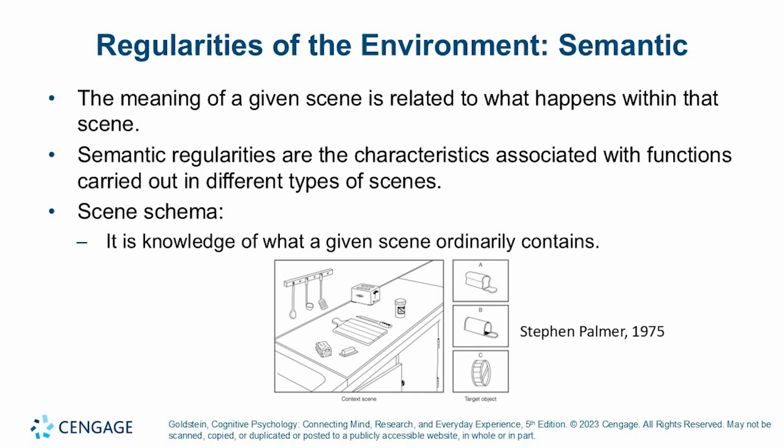As we talked about in the example earlier, if you see an object that tends to belong in a particular scene, for example, some bread that would typically belong in a kitchen, it makes it easier for you to recognize that object, as opposed to other objects that would typically not belong in that scene. So, for example, the drum or the mailbox definitely don't belong in a kitchen.